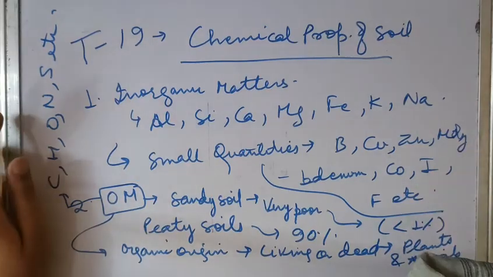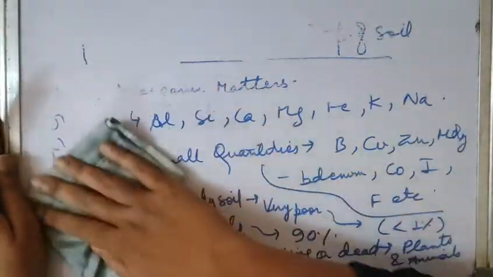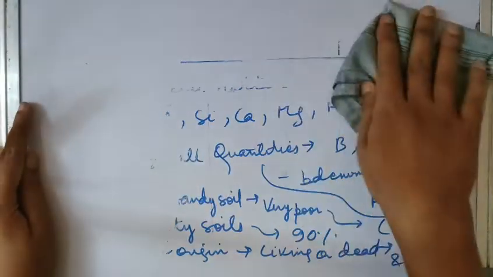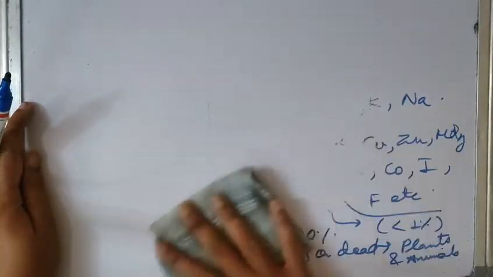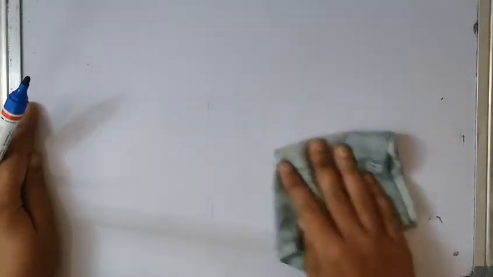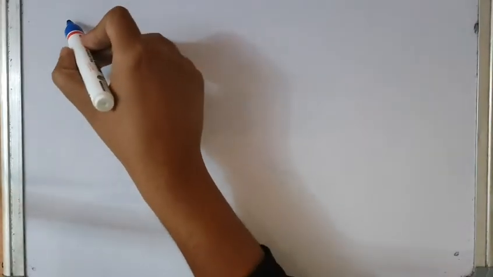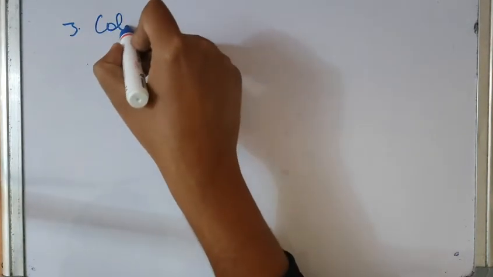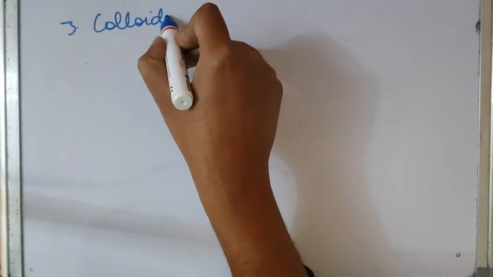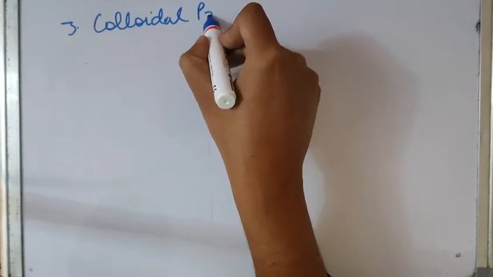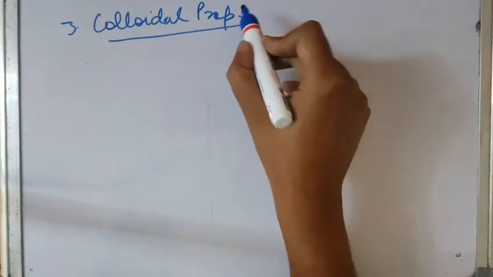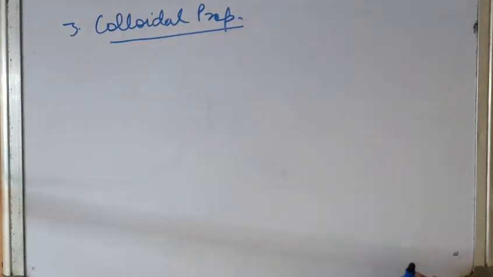Now moving on to another property, that is colloidal property. It is of two types.